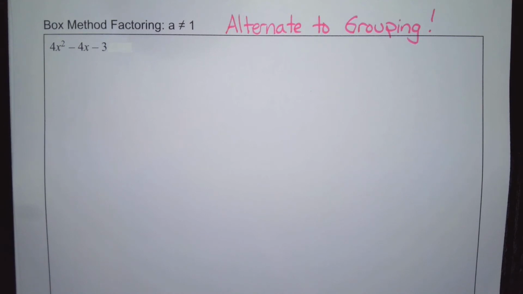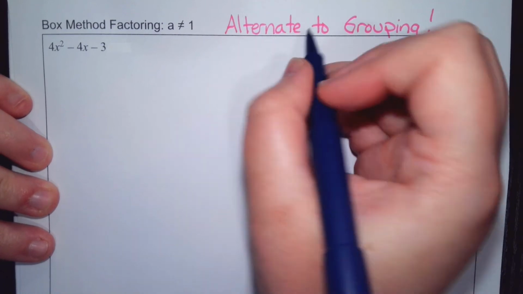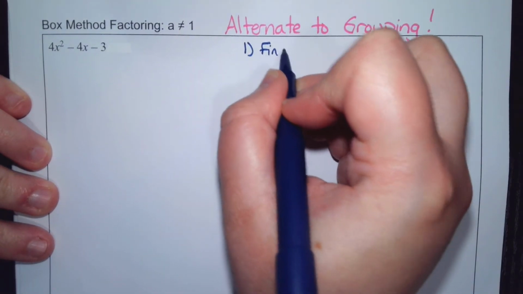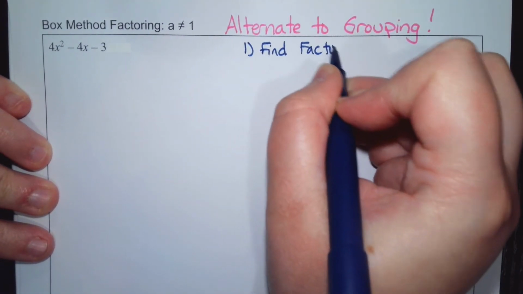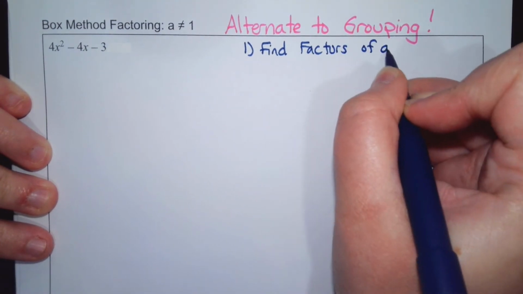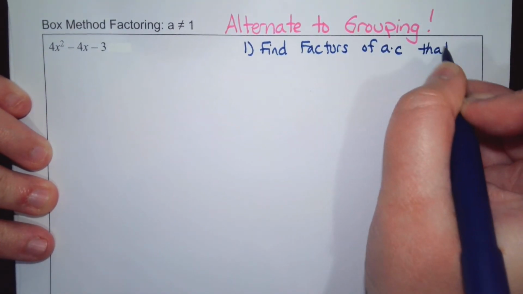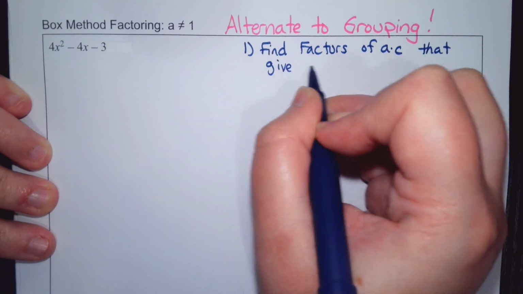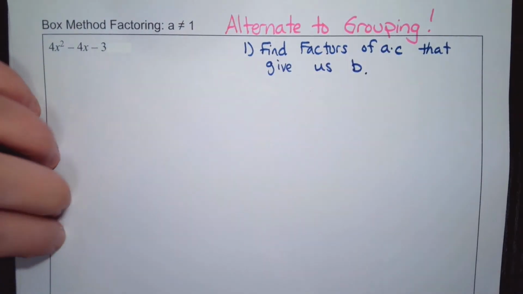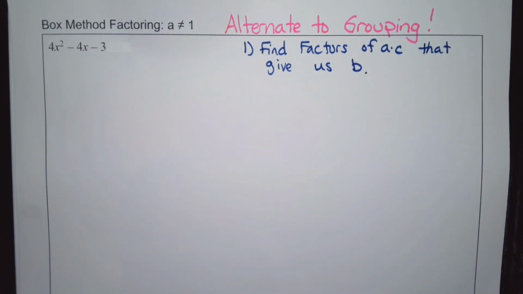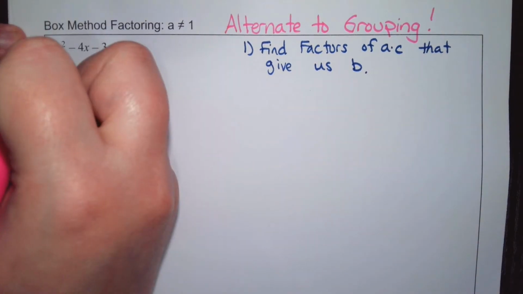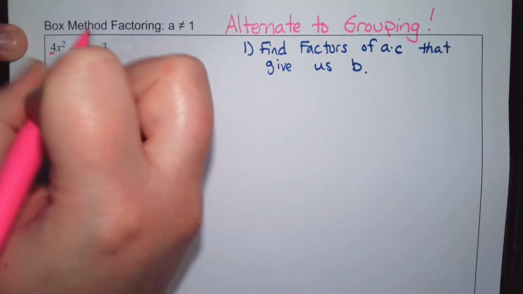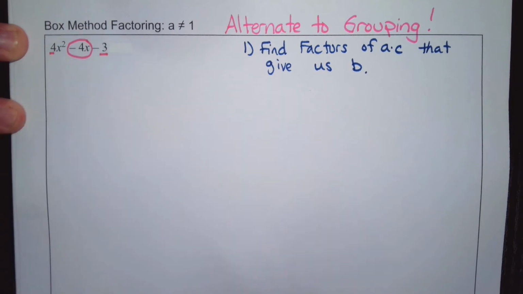We start exactly the same way. So we start with find factors of A times C that give us B. So that is what we're going to do. 4 times 3, that gives us -4.